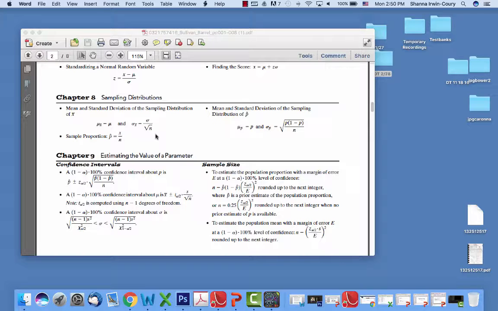For sample proportion, if I roll a die 100 times and 20 times I get a 1, then the sample proportion of ones is 20 over 100. The standard deviation of a sampling distribution for a proportion is the square root of p times 1 minus p, all over n.